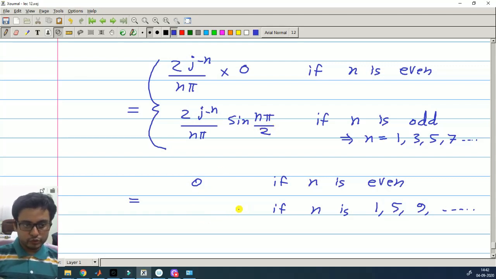So we will have plus 1 and then 2 by n pi, and this will be 1 over j.